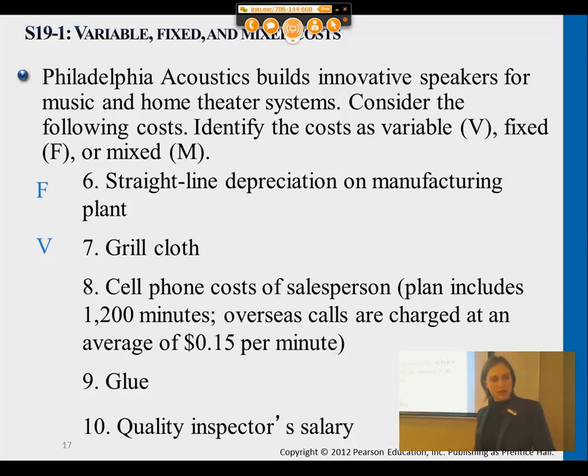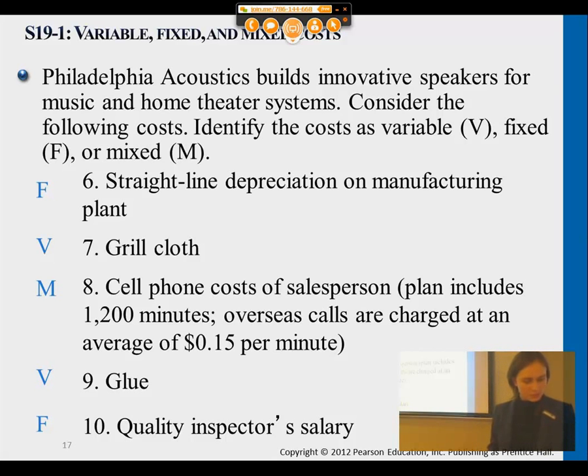Plan includes 1,200 minutes. Overseas calls are charged at an average of 15 cents per minute. We just talked about the mixed cost, that's a good example of a mixed cost, right? What about glue? Variable. Quality inspector's salary. Very good.